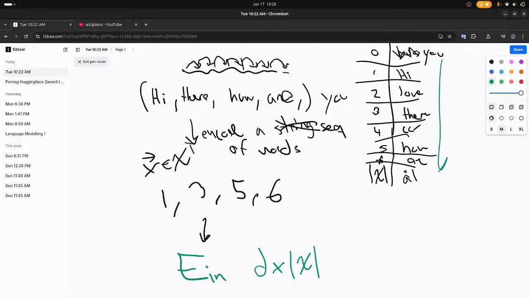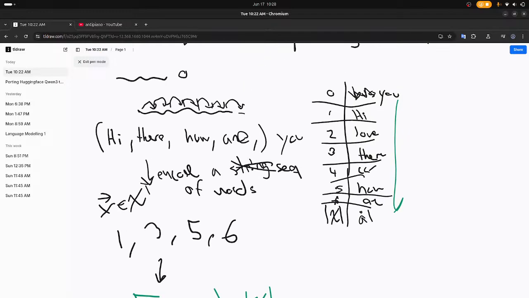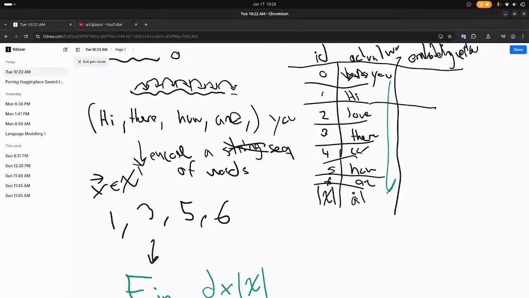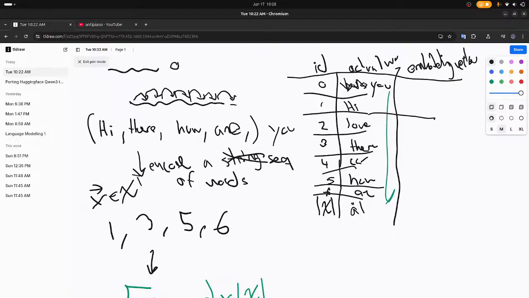So in a way we can think that besides just having the ID of the word and the actual word, we also have the embedding vector. You don't even have to think about why it's called embedding, it's just that we have a vector for each of them.